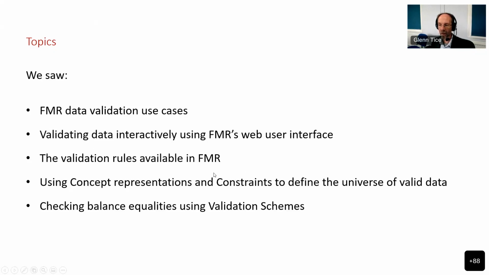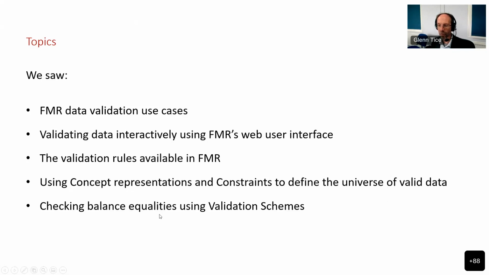representations and the constraints. So we've seen how we can use the constraints and the representations to help us define and refine the valid universe of data, to make sure that the data we have in our data sets is within the universe that we're expecting it to be.